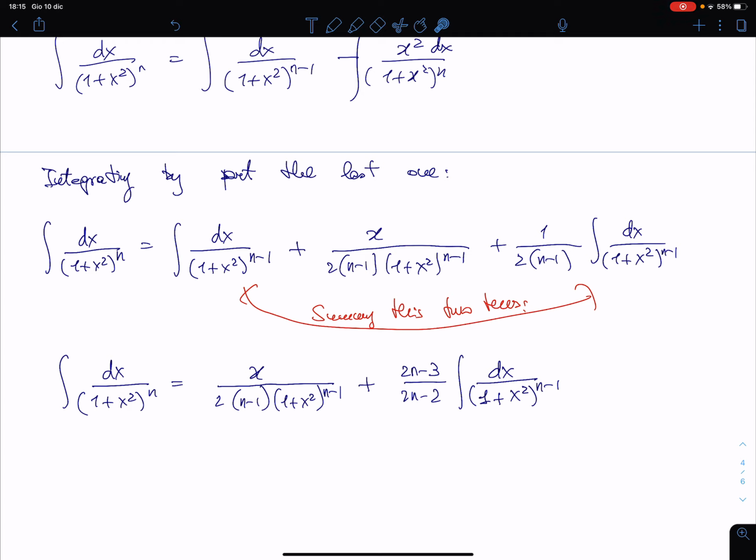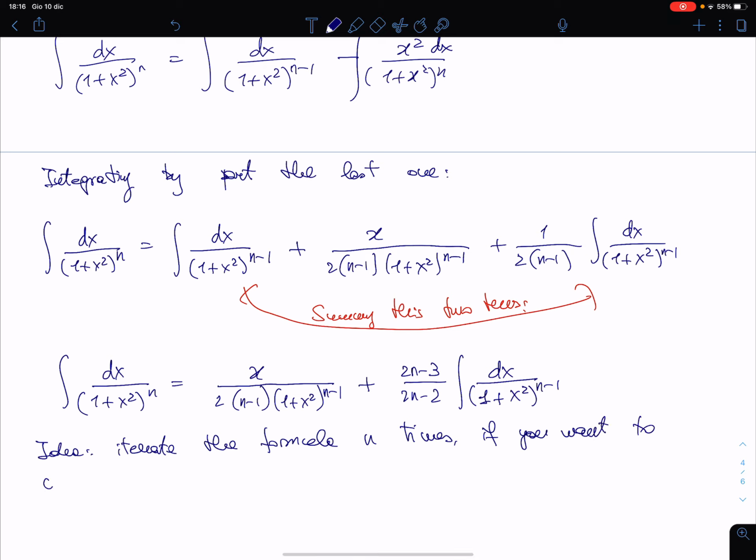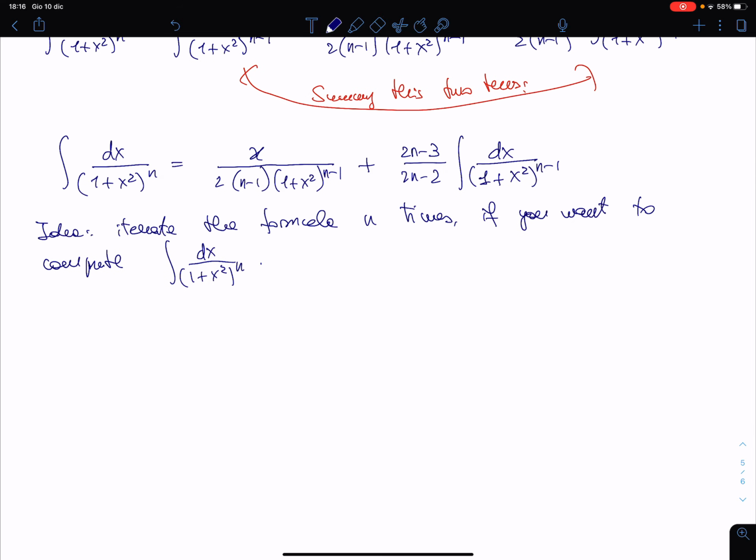Okay? So the idea is to iterate the formula n times if you want to compute this integral here. But okay, this tells you that this integral is extremely complicated.